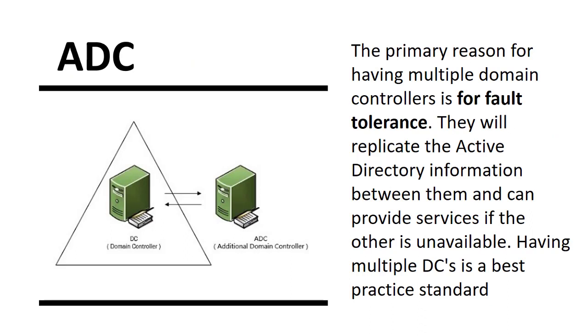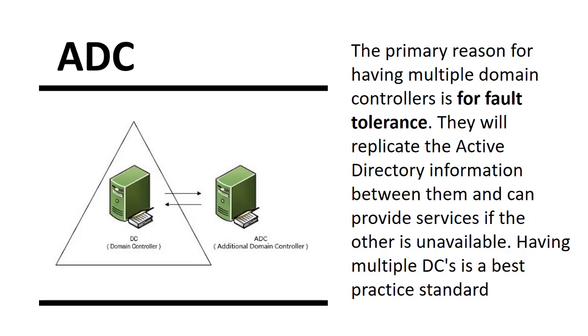There are three types of domain controllers. One is called the domain controller. The domain controller is the master, which has Active Directory and all the information related to your domain. But if something goes wrong with my domain controller, I will also create an additional domain controller, which is called ADC.